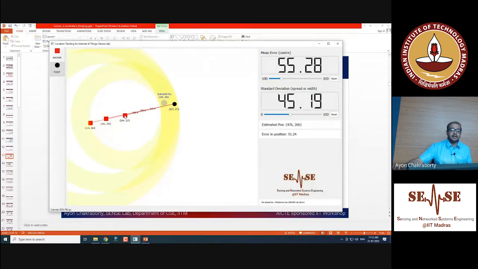Ideally it could be anywhere in this smeared area. So it depends on the relative geometry of the anchors and the beacon, because basically you are trying to find out where these circles overlap.